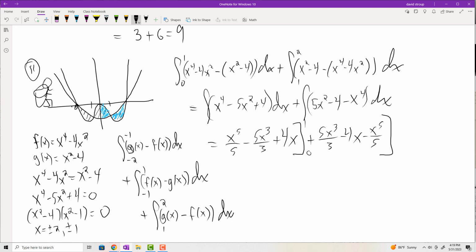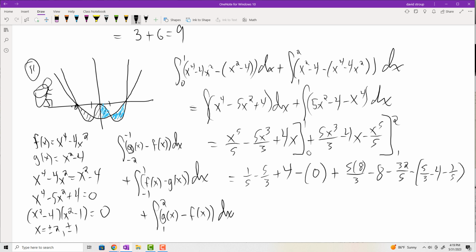And then evaluate. So first substitute 1 into the antiderivative, and then minus substitute in 0. Of course, 0, when I substitute it in that first antiderivative, will just be 0 minus 0 plus 0, which is 0. And then plug in 2 into the second antiderivative. And then I have to subtract away 1 plugged into that.